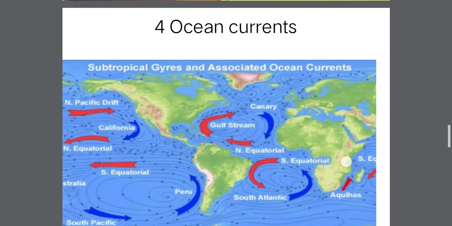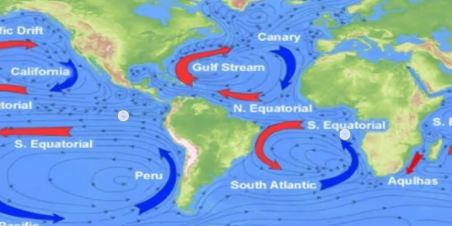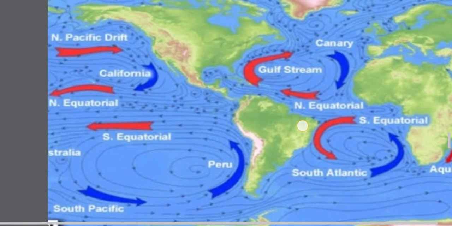And ocean currents, you can look over here. The red one is showing warm and the blue color is showing cold. Mostly in the equator region of the world, the water bodies are very warm.